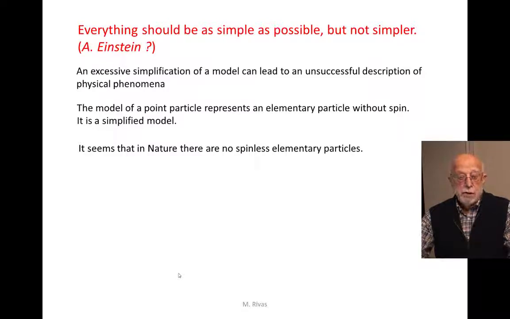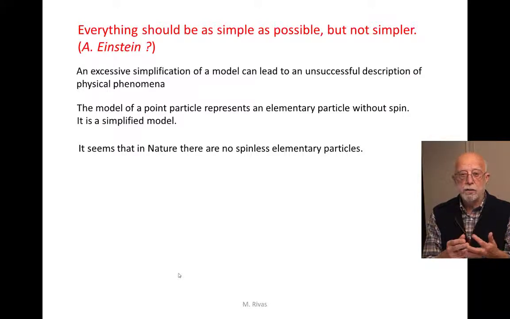But in nature, it seems that there are no spinless elementary particles. 20th century physics has shown that all known elementary particles of nature, electrons, muons, quarks, photons, all of them have a spin.